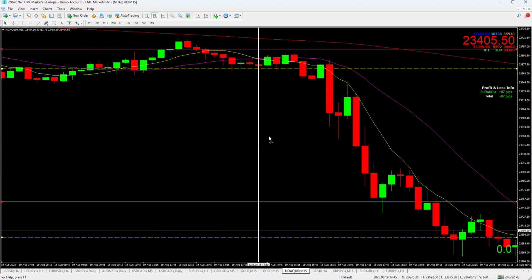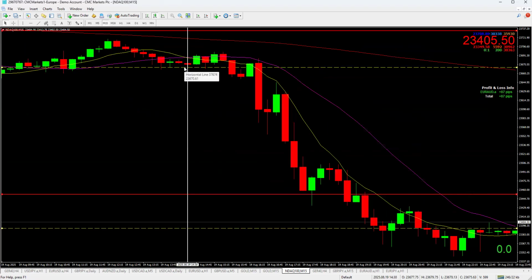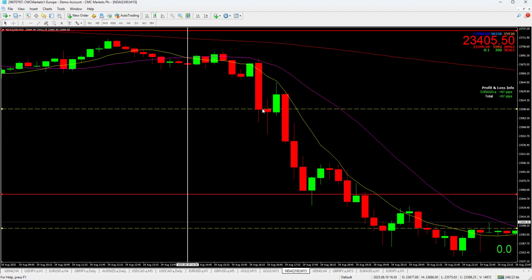So how about the entry? After there's a crossover, let the price begin to go down. If you are selling, let there be a takeout, a color switch. When there's a color switch, that's when you enter.